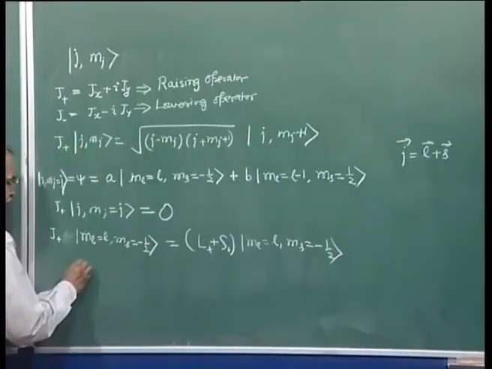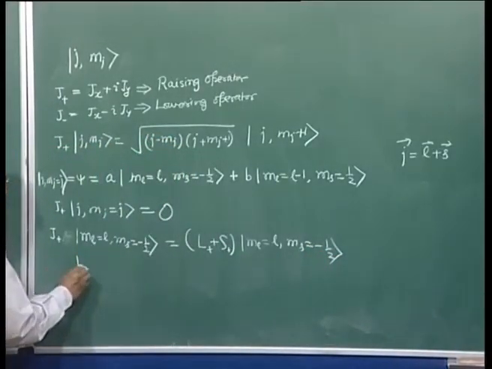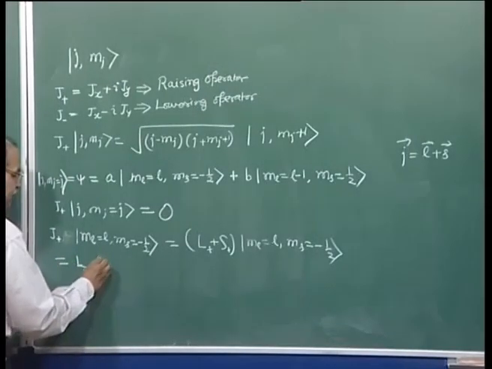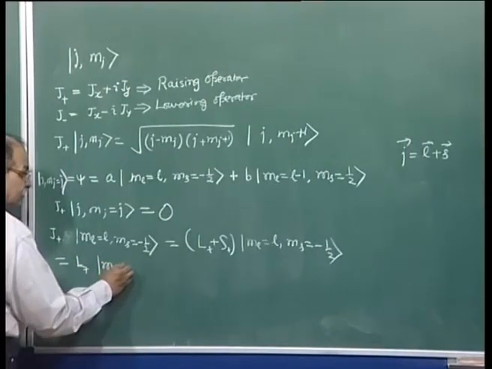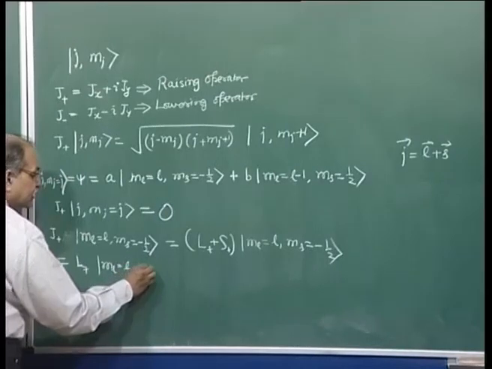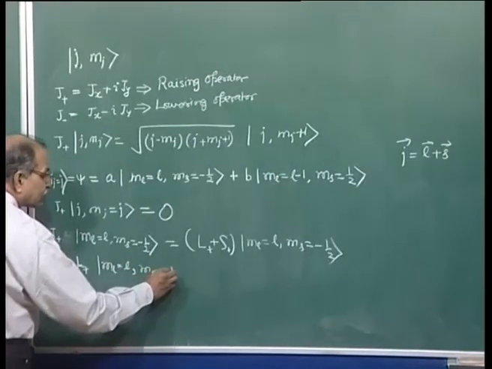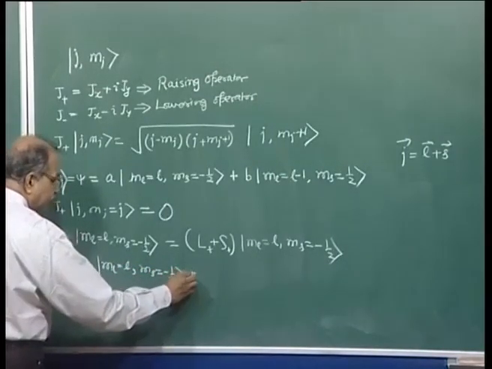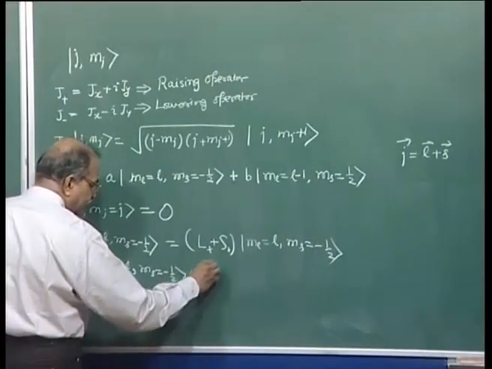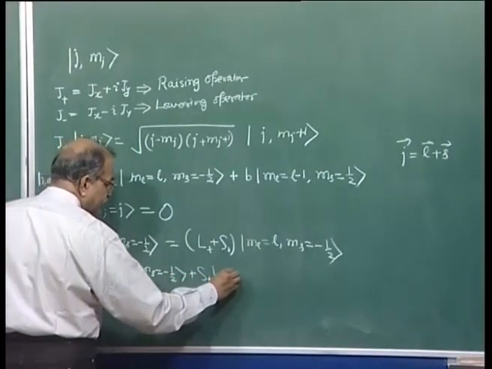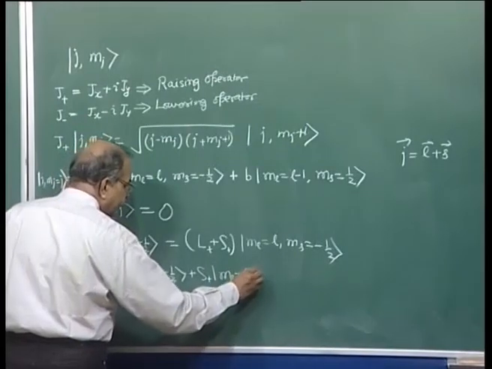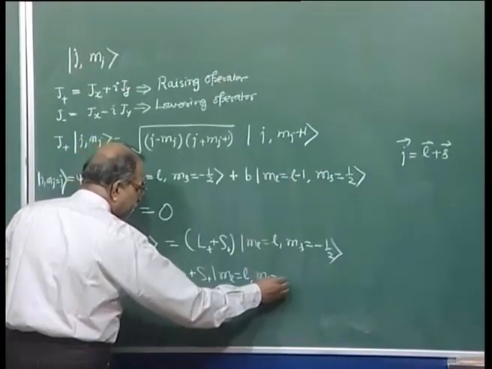Again two parts: L plus applied on ml equal to L and ms equal to minus half, plus S plus applied on ml equal to L and ms equal to minus half.